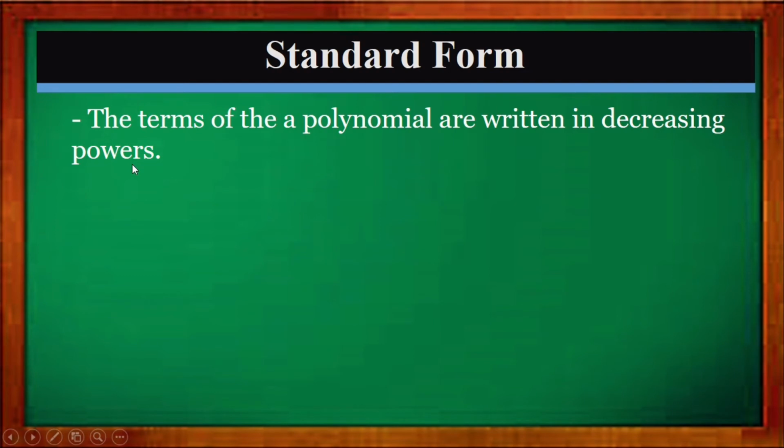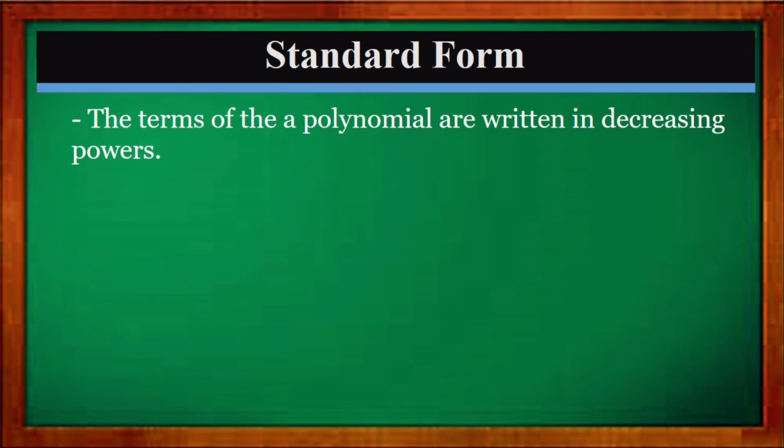Ibig sabihin, masasabi daw natin na nasa standard form na yung isang polynomial function kapag yung mga terms natin ay naka-arrange in decreasing powers. So, ibig sabihin, decreasing pababa. Decreasing powers, powers or exponent. Mula sa may pinakamataas na exponent, pababa hanggang sa may pinakamaliit na exponent.